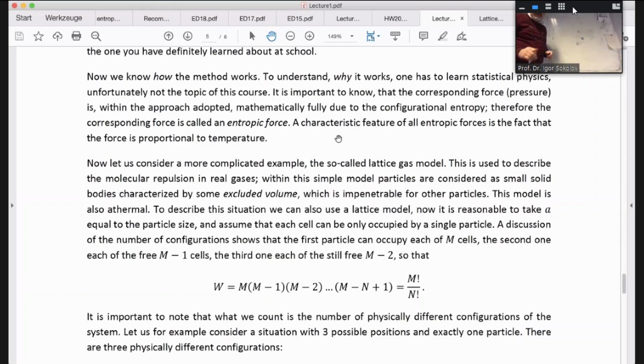So they are balls, like billiard balls, and there is an excluded volume. Two molecules cannot come closer to each other than the diameter, A.